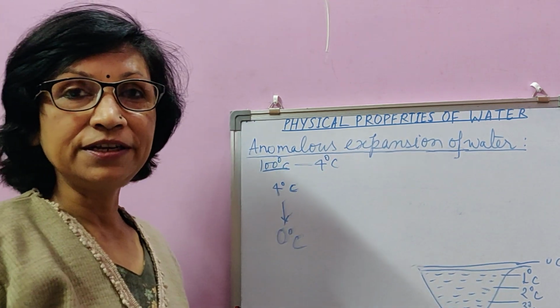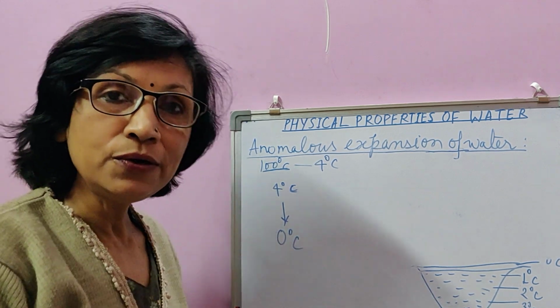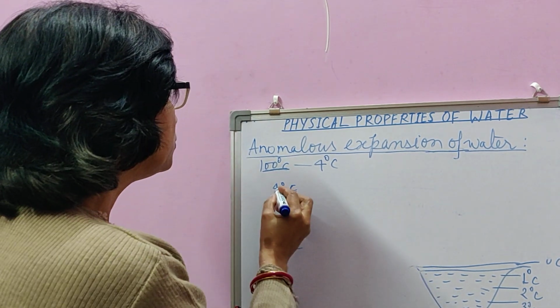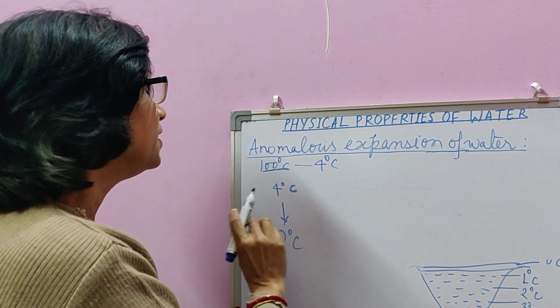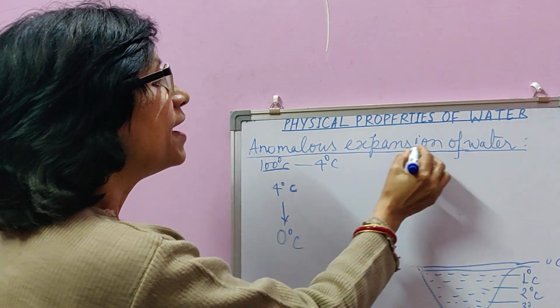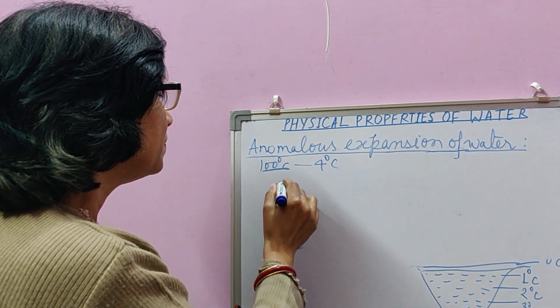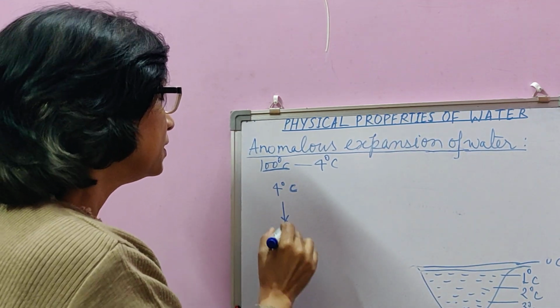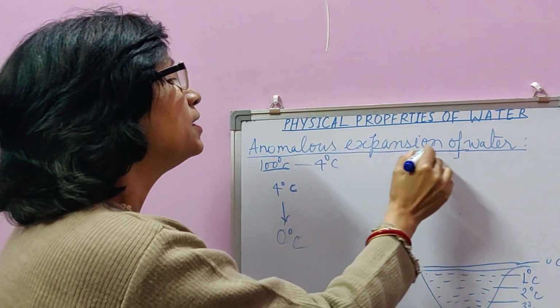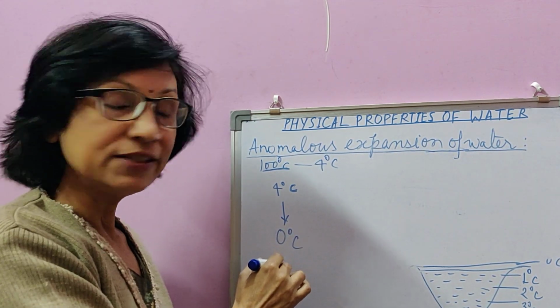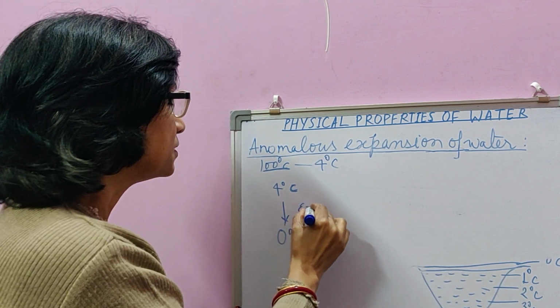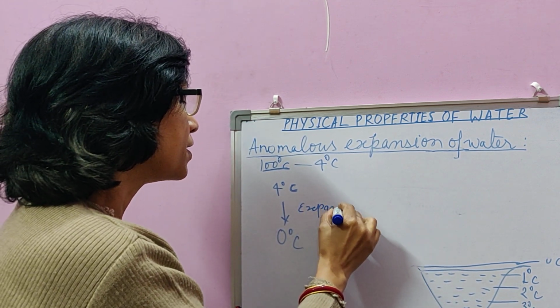As its temperature decreases, its volume also decreases. But when it reaches 4 degrees Celsius, after this, if it is cooled, then it doesn't contract, rather it expands. So its behavior below 4 degrees Celsius is said to be the anomalous expansion of water, because below 4 degrees Celsius, when it is cooled, it expands rather than contracting.